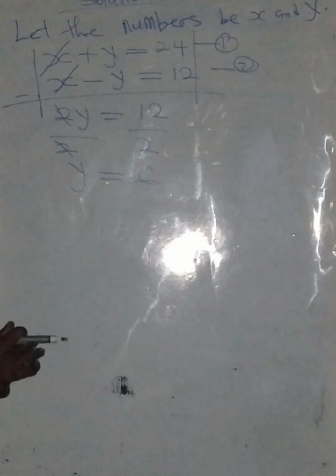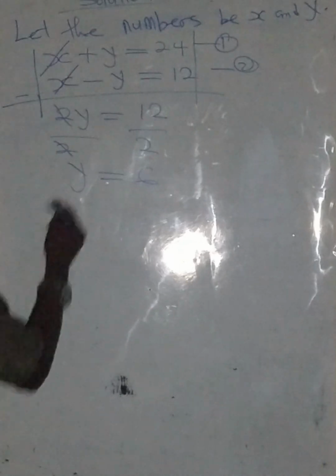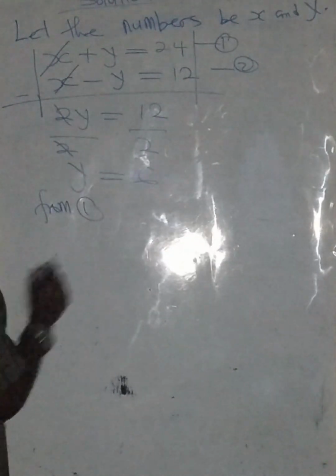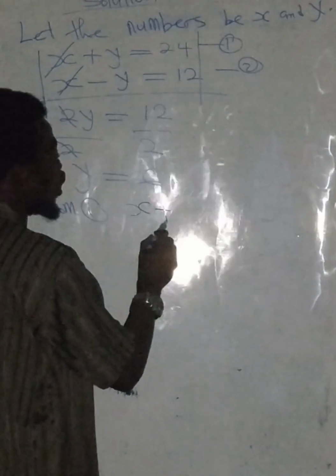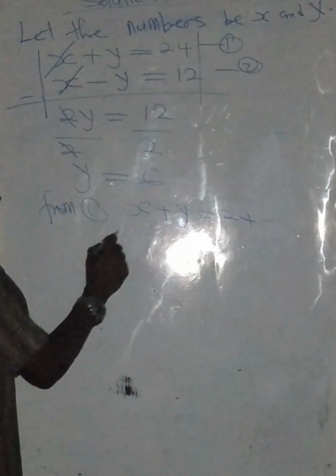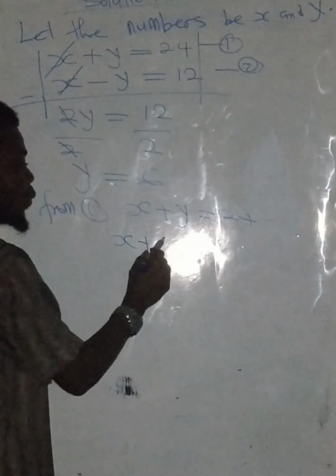Now, take another equation. Which one are we to take? Equation 1. From equation 1, we have x plus y is now equal to 24, and we know the value of y, which is 6.